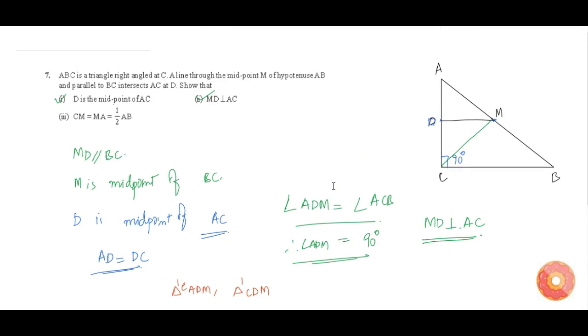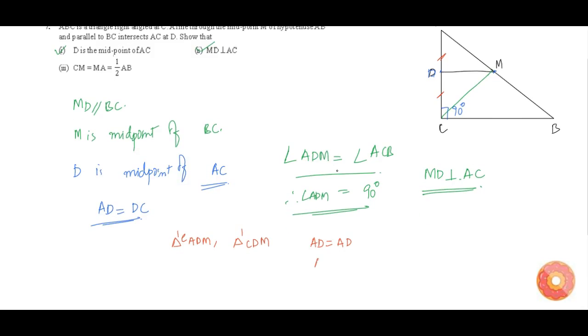Now see, AD is common in both these triangles, which means AD is equal to AD, right? And we also know that AD is equal to DC, since D is the midpoint of AC.